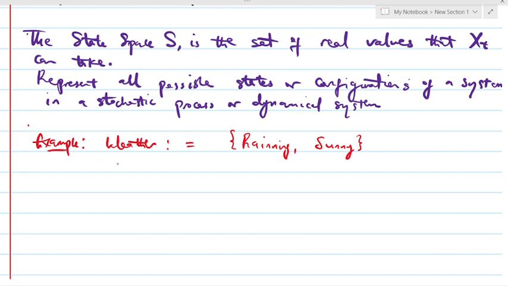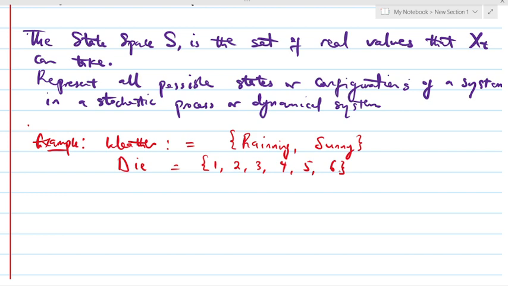And if the system we are dealing with is a six-sided die, you know that a six-sided die is configured to have face 1, face 2, face 3, face 4, face 5, face 6. I believe with these two examples you understand what a state space is. It's just the set of values that S subscript t can take, that is, all possible states of a particular system.